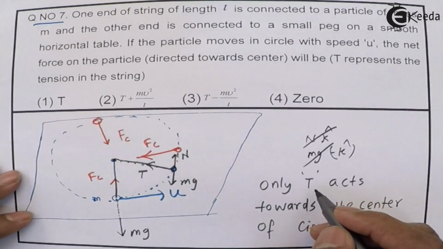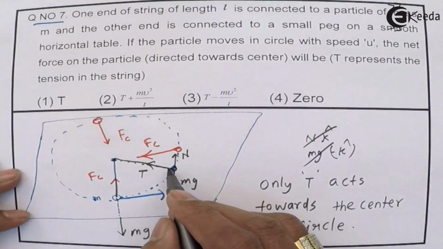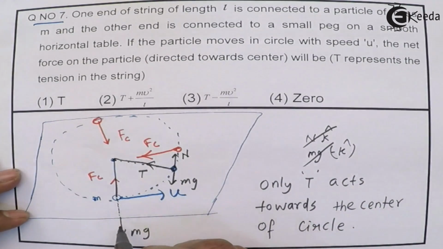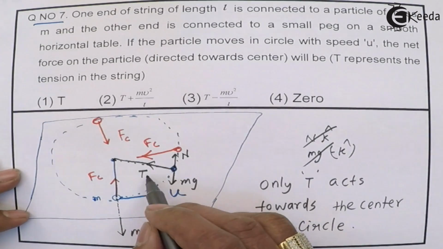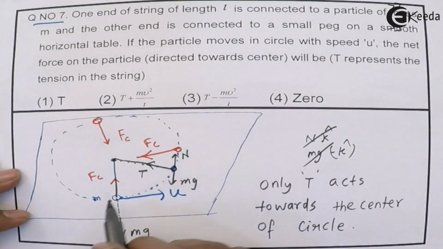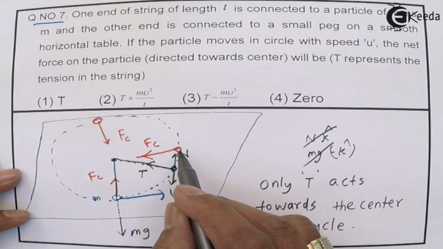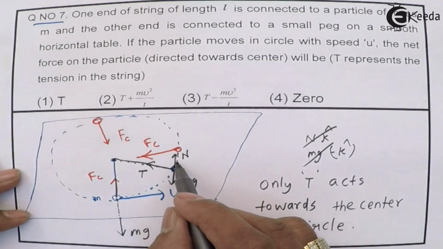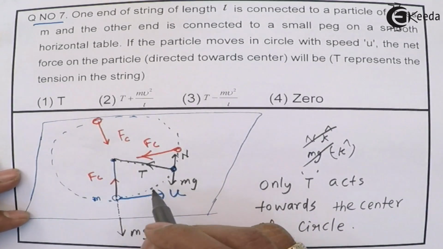This T stands for tension, and tension is responsible for this circular motion. So the net force toward the center is the tension. There are no other forces; the other forces cancel out and have no component towards the center.